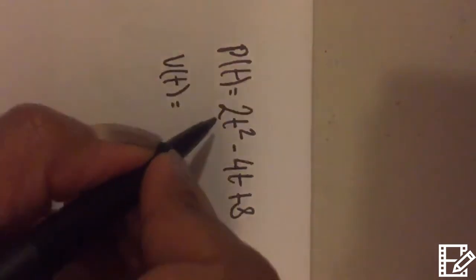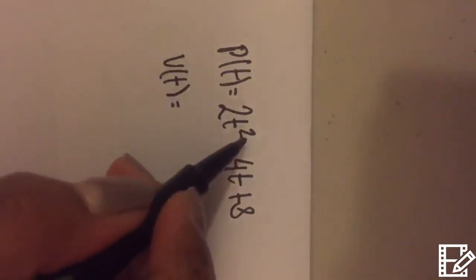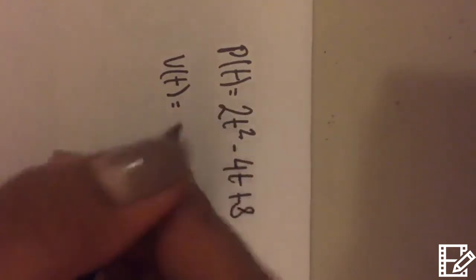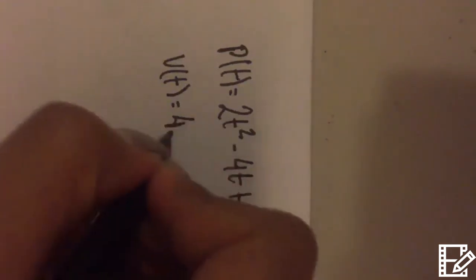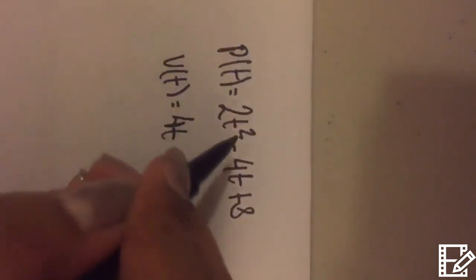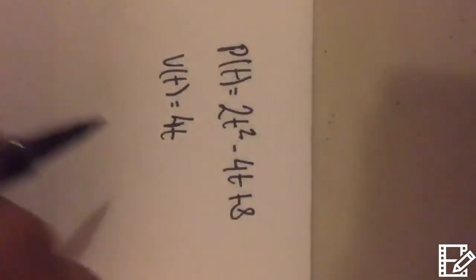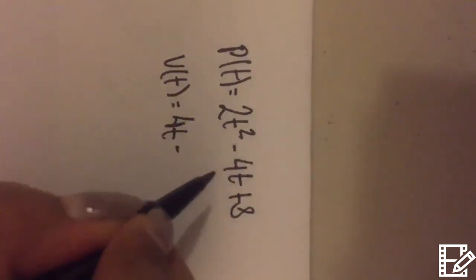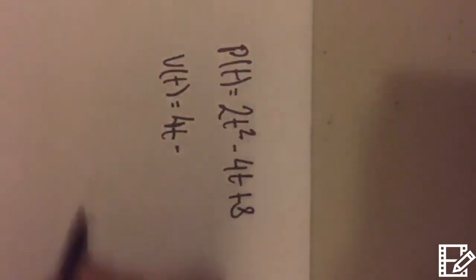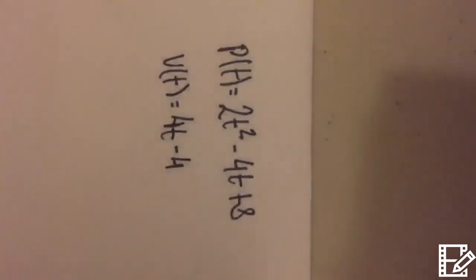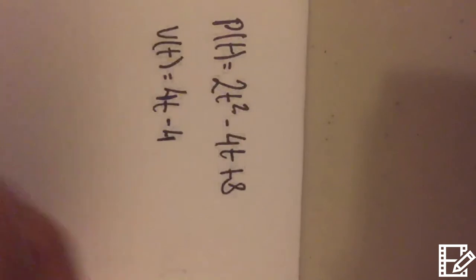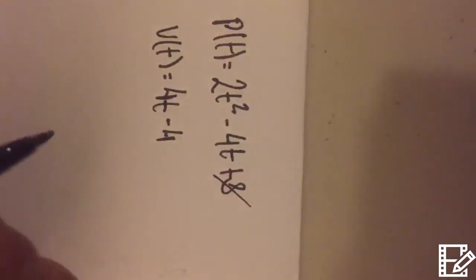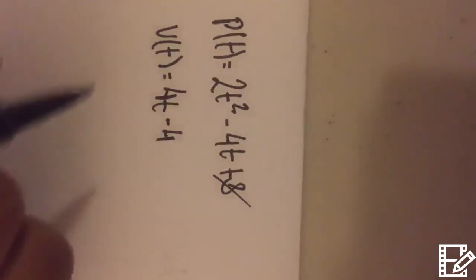So we'll start over here. We'll take this exponent of 2 and multiply it times the coefficient 2. So we have 4 and t, and since we decrease that by 1, we don't have to write that. So 4t minus the derivative of 4t, which is just 4, and then the derivative of a constant is 0, so that just goes away. So now we have our velocity equation of 4t minus 4.